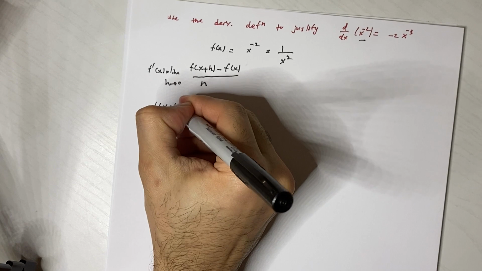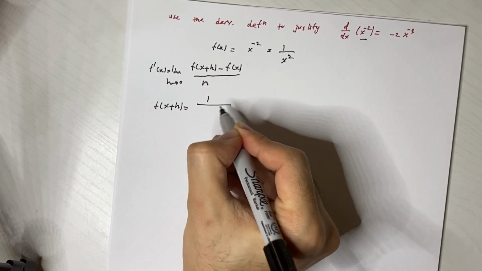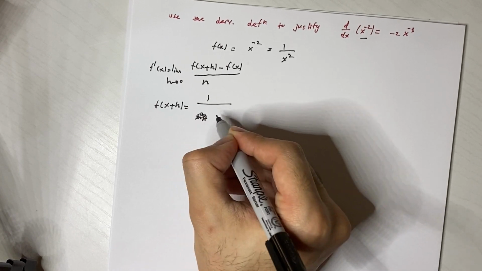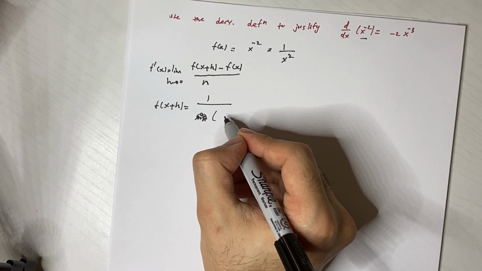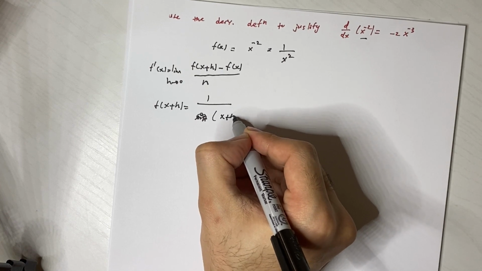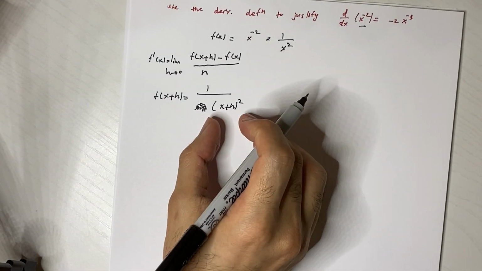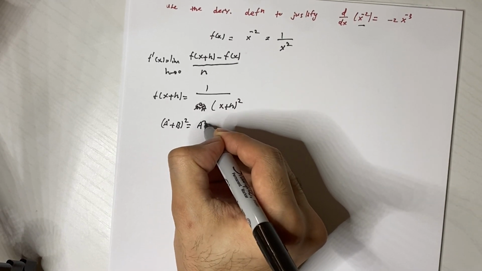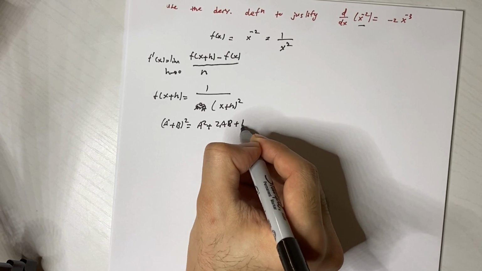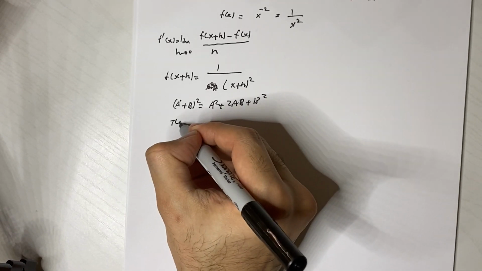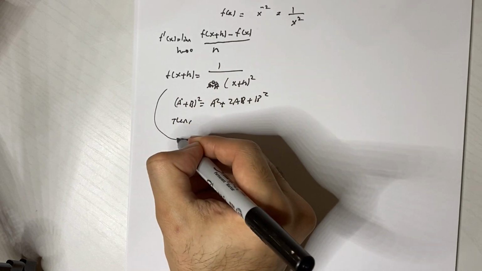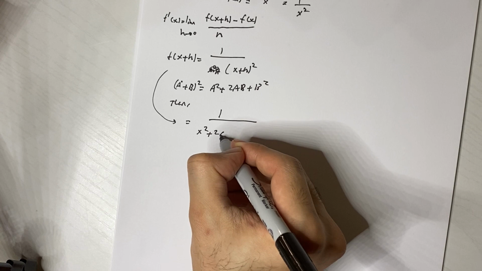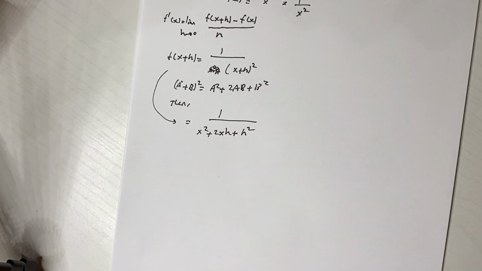And then first we take the first term, which is f of x plus h. When you plug it into our function, it's going to be 1 over x plus h squared. And then we can expand this term here by using this shortcut. That's going to be 1 over x squared plus 2xh plus h squared.